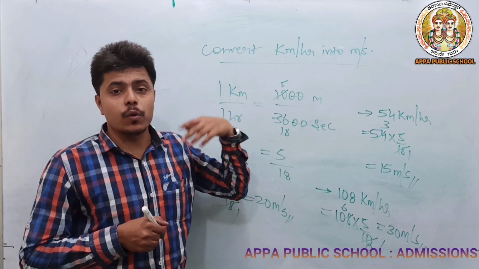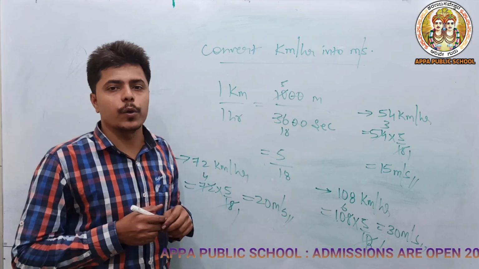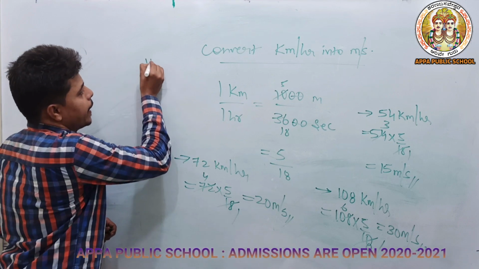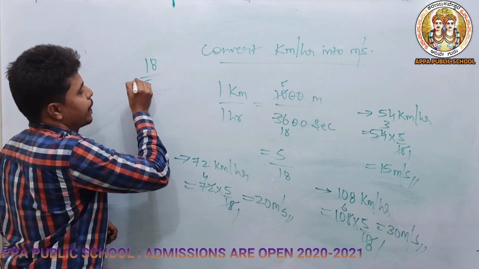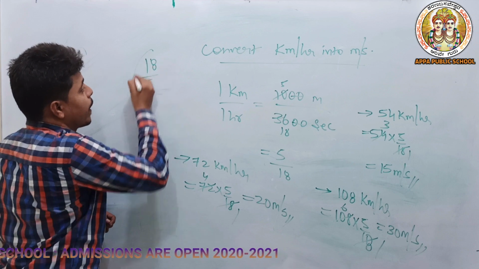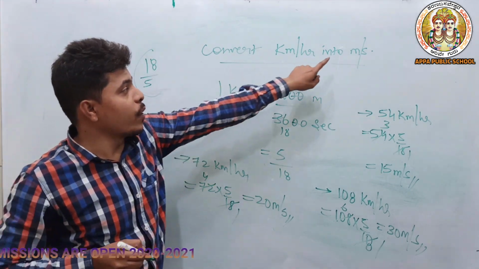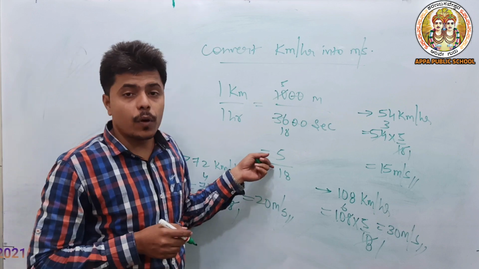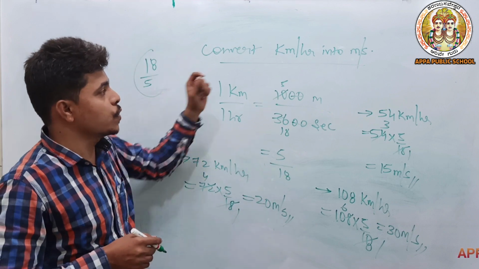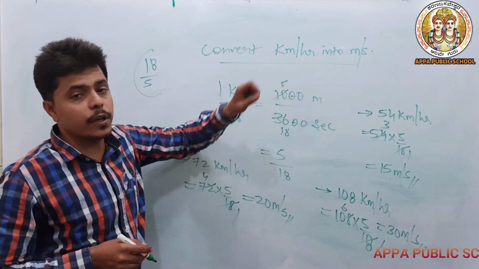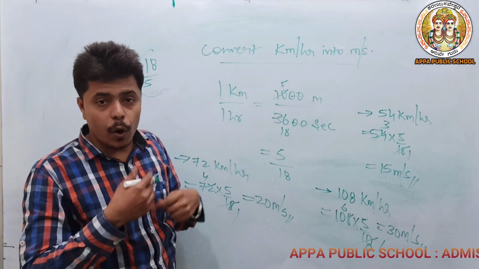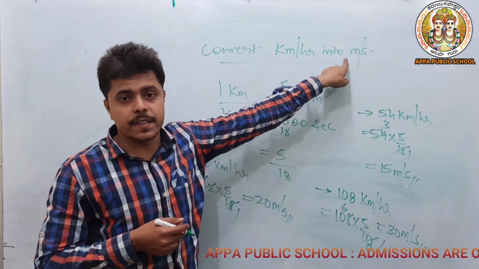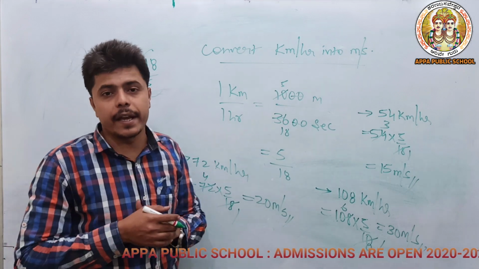Now, to convert meter per second into kilometer per hour, we are going to use the fraction 18 by 5. The reciprocal of this fraction is used to convert meter per second into kilometer per hour, and when we want to convert kilometer per hour into meter per second, we use 5 by 18.